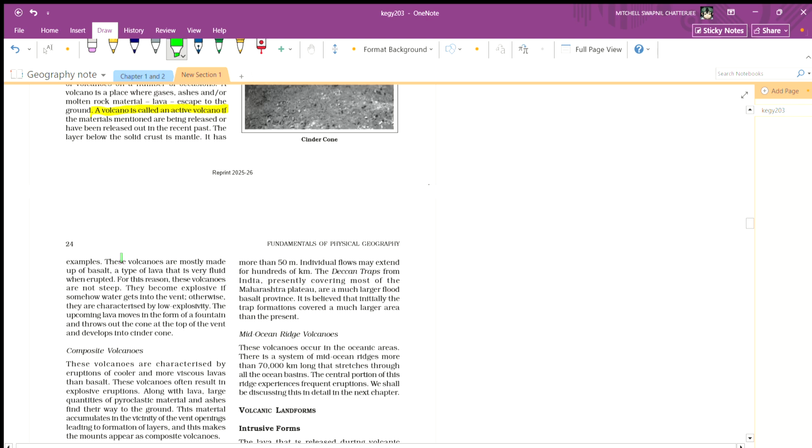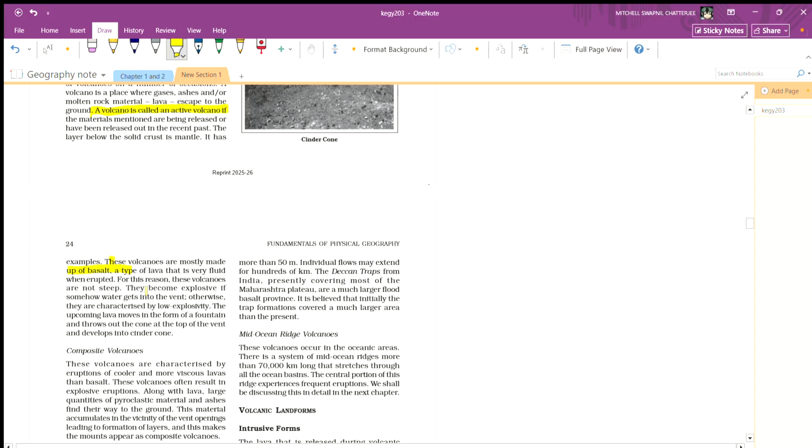These volcanoes are mostly made of basalt, a type of lava that is very fluid when erupted. For this reason, these volcanoes are not steep.